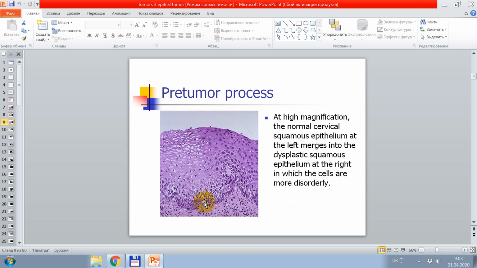This histological picture demonstrates the pretumor process. At high magnification, the normal cervical squamous epithelium at the left merges into the dysplastic squamous epithelium at the right, in which the cells are more disorderly.